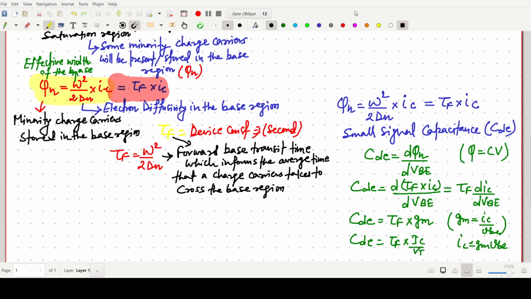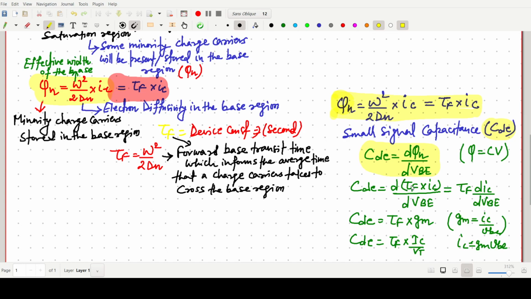So what we have observed once again, we have the formula for Qn, W square by 2Dn into IC. Now the small signal capacitance CDE is nothing but simply the change in charge, the minority charge carrier stored in the base region, by the base emitter voltage change.